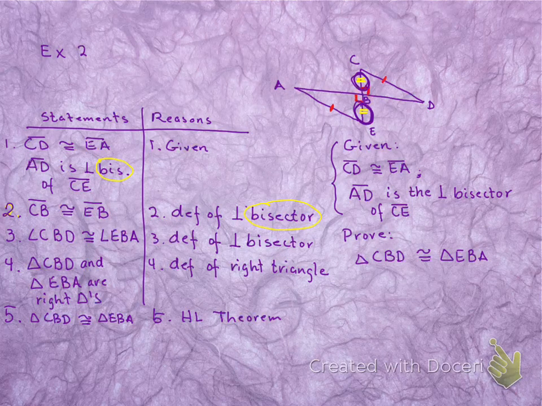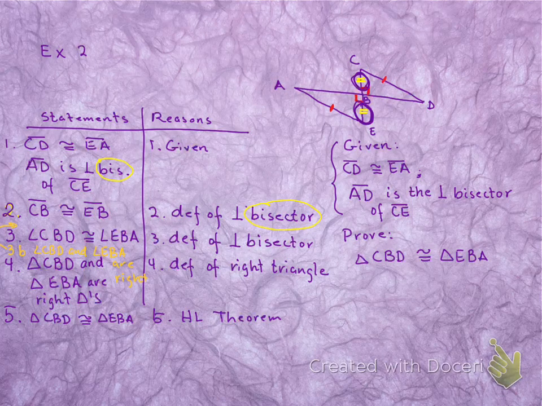Okay? And we could have even thrown in here, I'm going to throw in 3A, let's say, or let's say 3B. Okay? Angle CBD, and actually that would go right up in here, and angle EBA are right. Okay?